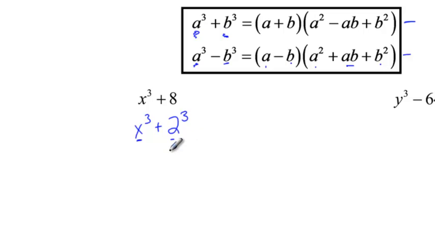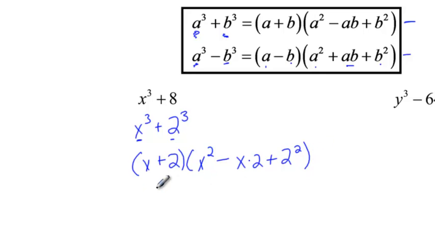Instead of a plus b, I'm going to say x plus 2. Instead of a squared, I'm going to say x squared. Instead of ab, I'm going to say x times 2. And instead of b squared, I'm going to say plus 2 squared. And then I simplify.